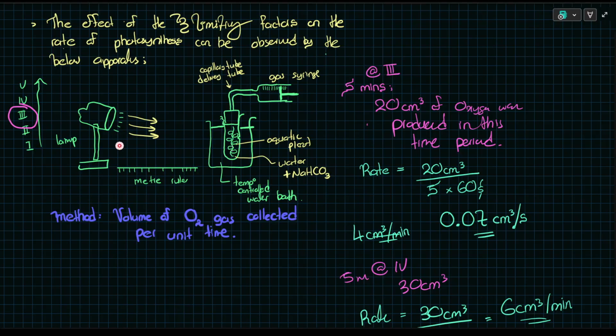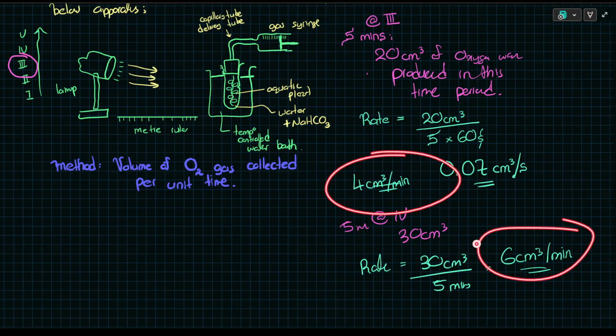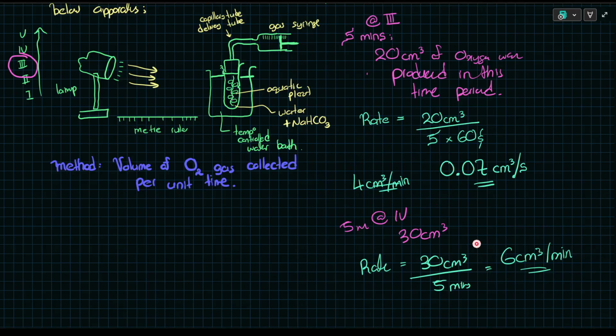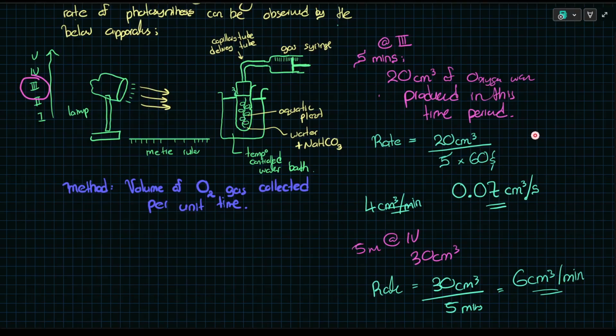I bumped up the intensity from intensity 3 to intensity 4, so that has increased, and as a result, 4 cm3 per minute has increased to 6 cm3 per minute. So there's an increase in the rate of photosynthesis, and therefore our results are concordant with whatever we predicted in our hypothesis, and this experiment is a true experiment.